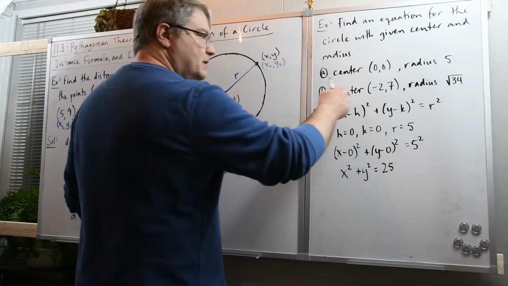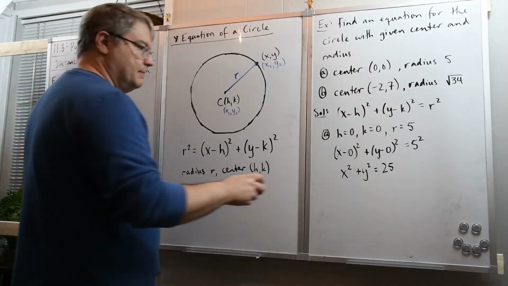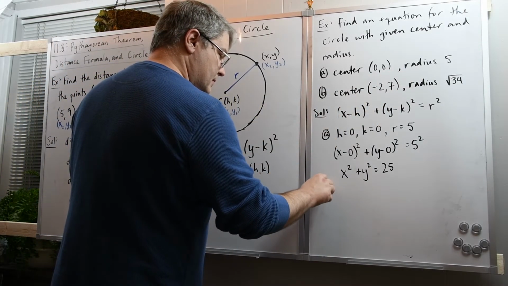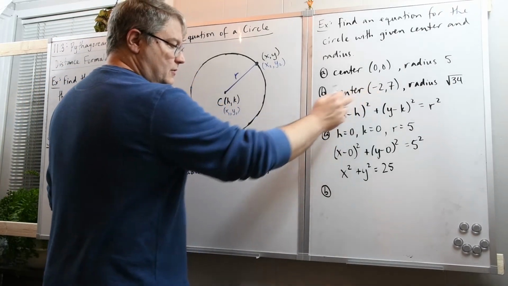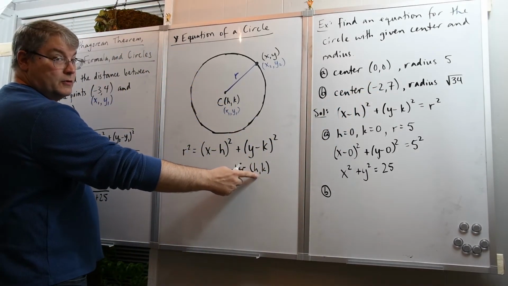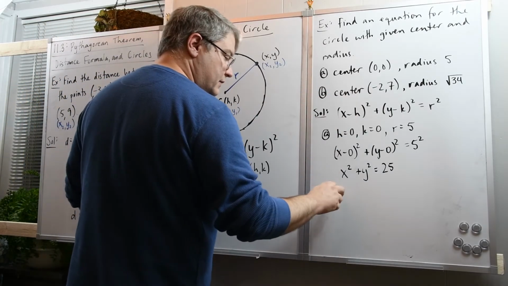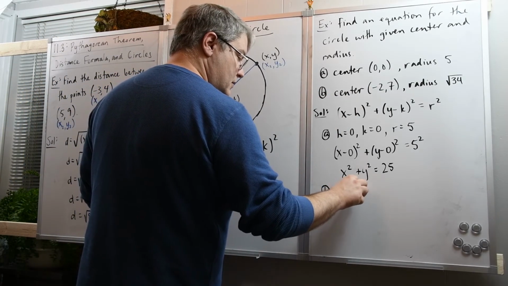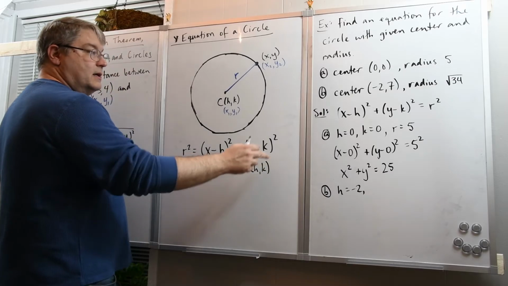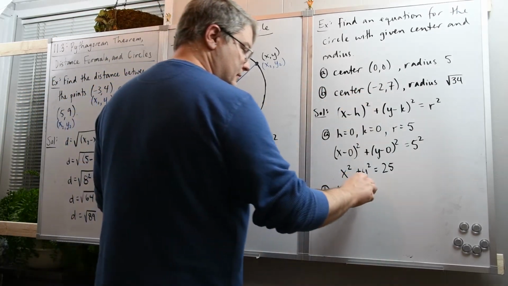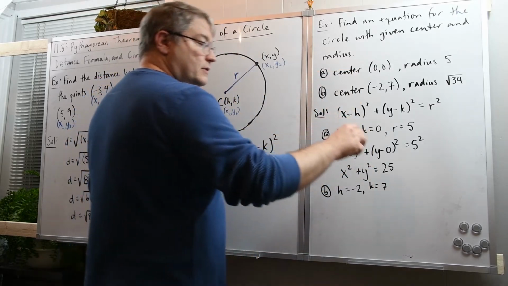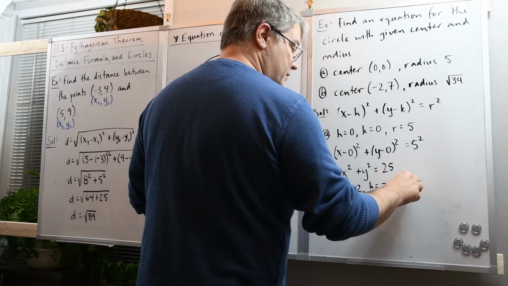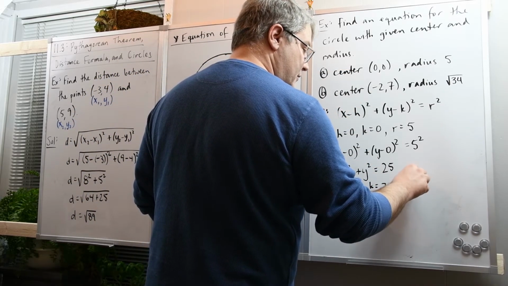Now, we can do the same thing for part B. If you take a look at part B, here you're going to have h. Remember, h is the first coordinate of the center, so h is -2. And we're going to have k is equal to 7. The radius is r, which in this case is the square root of 34.